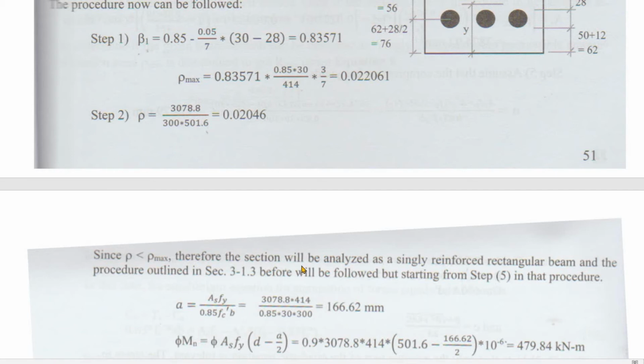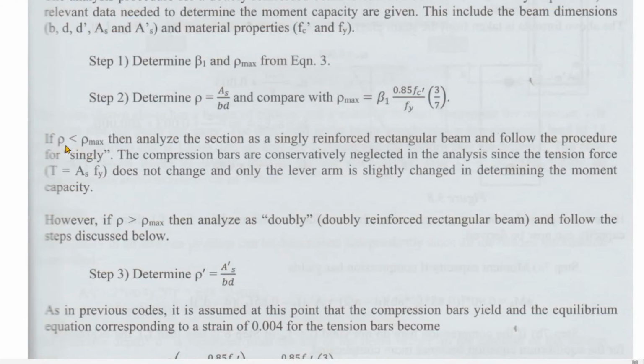Therefore, the section will be analyzed as a singly reinforced rectangular beam and the procedure outlined in section 3-1.3 before will be followed by starting from step 5 in that procedure. Ito yon. If rho is less than rho max, then analyze the section as a SRB.